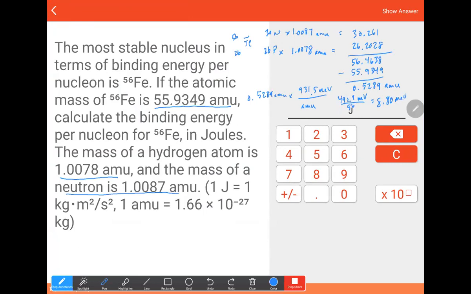However, this question asks for it in joules, not MeV.